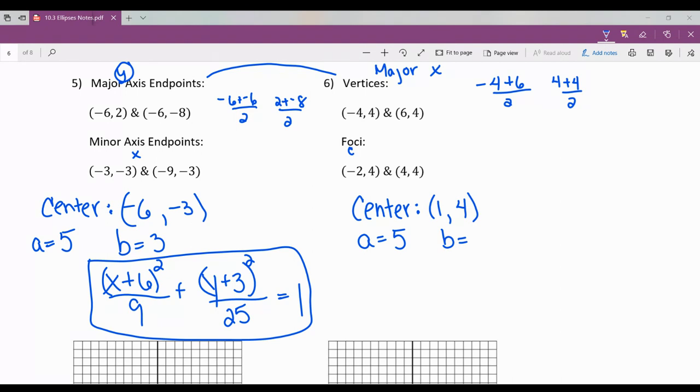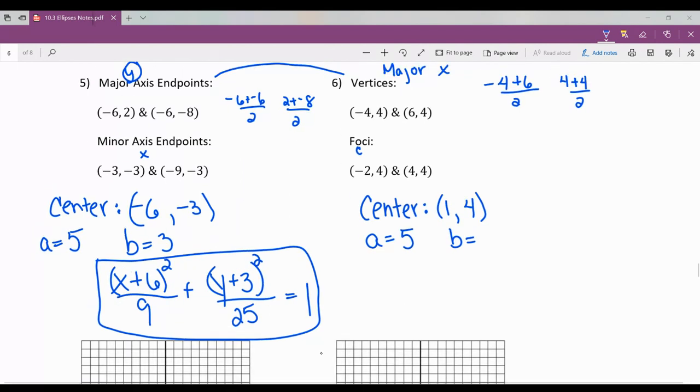Now B, oh, I'm not given the minor. I'm only given what the foci is. So I can find what C is because it's the distance from my center to my foci. So from 0 to 4 is a distance of 3. So my C is 3. Now I can find B by doing C squared equals A squared minus B squared. So 9 equals 25 minus B squared. So we get 16 is equal to B squared.